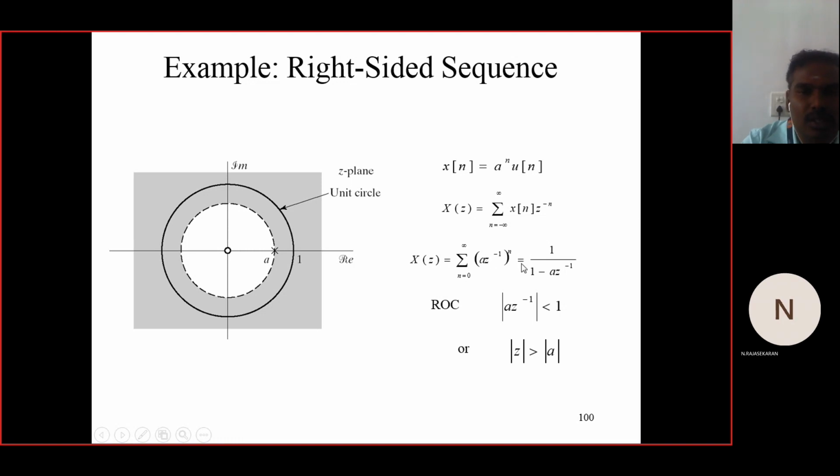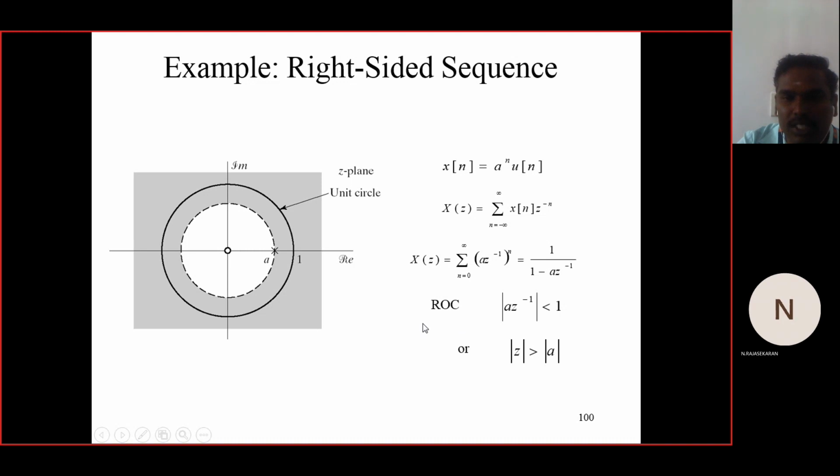So X of z is the summation of (a z power minus 1) whole to the power n. If you expand it, substituting n equal to 0, 1, 2, and so on, we get 1 plus a z power minus 1 plus a z power minus 2, etc. We can write this sequence using the sum formula as 1 divided by 1 minus a z power minus 1.